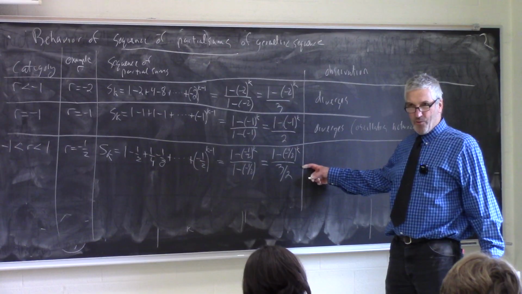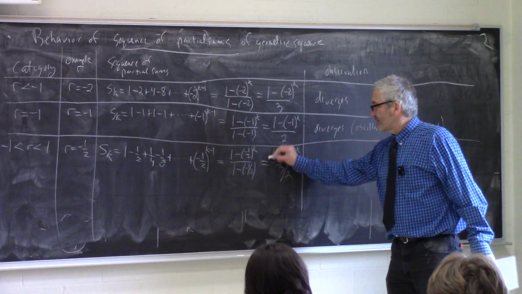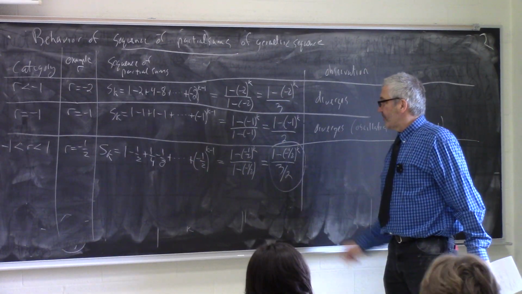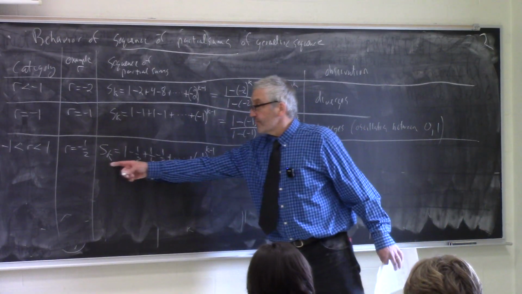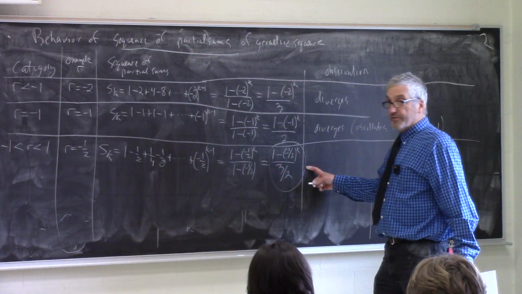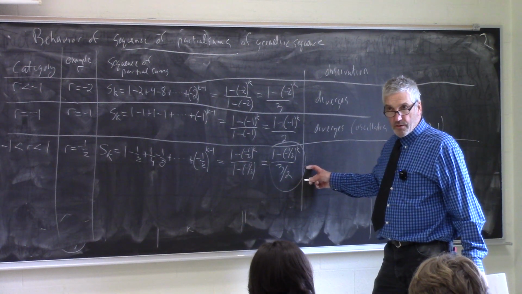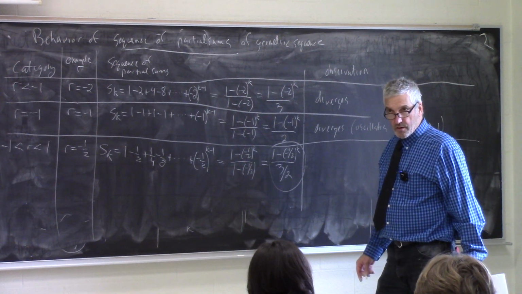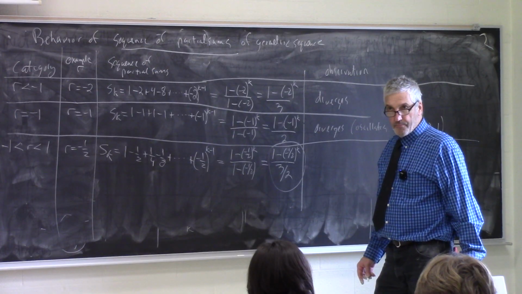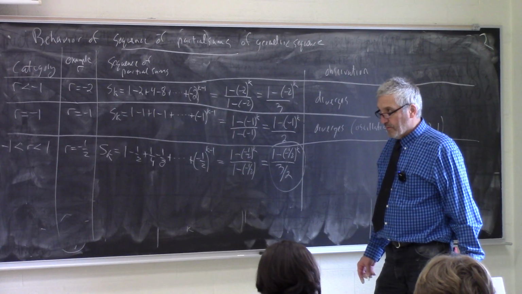Okay, that's why I brought you back. So this describes the items in the sequence of partial sums. Does that sequence converge or diverge as k goes to infinity? So the (-1/2)^k is going to be approaching 0, right? Right. So it's approaching 1 over 3/2, so it's approaching 2/3.